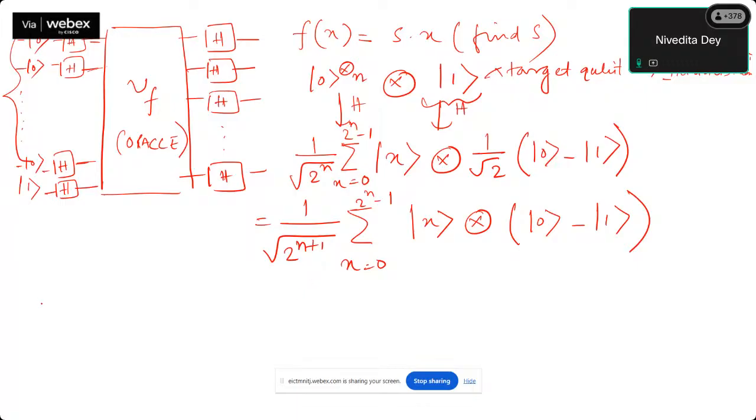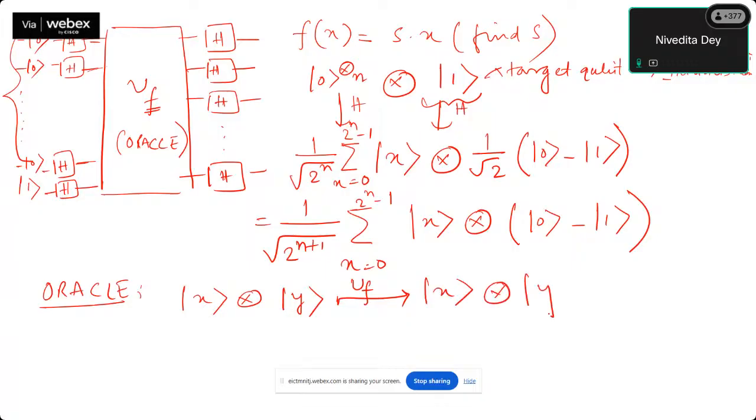So now we are applying the oracle, which means the oracle will do what? The oracle will perform f, right? So which is your x, y. This is a generic form. The oracle U_f will make it x and y XOR f(x). By now you should be understanding that, and this is from the very basic definition of the oracle, we can write that.